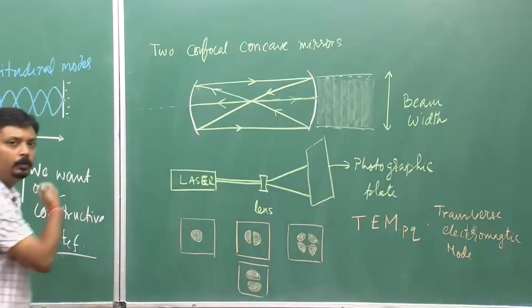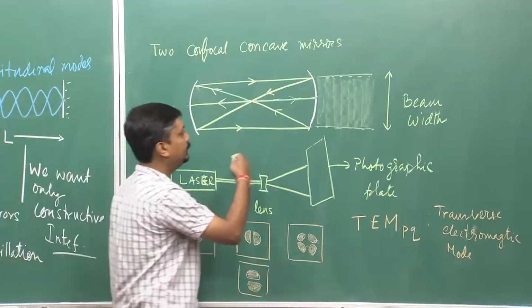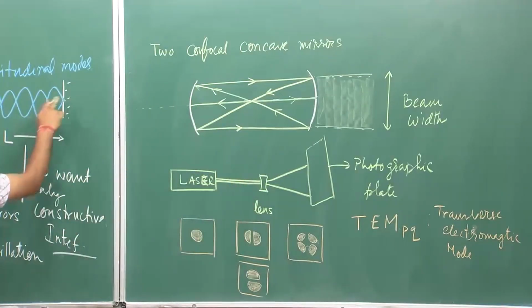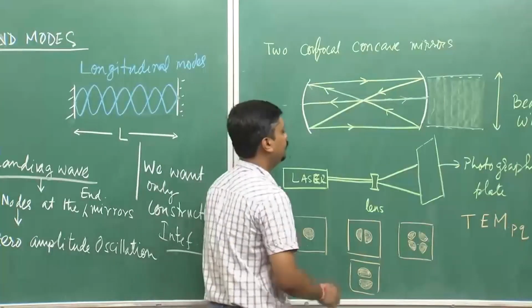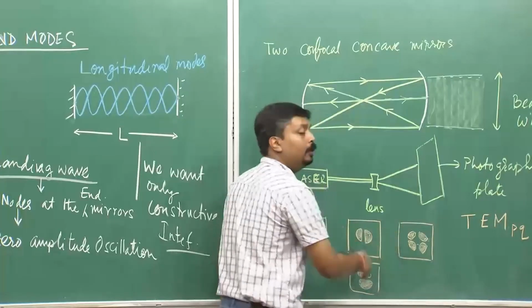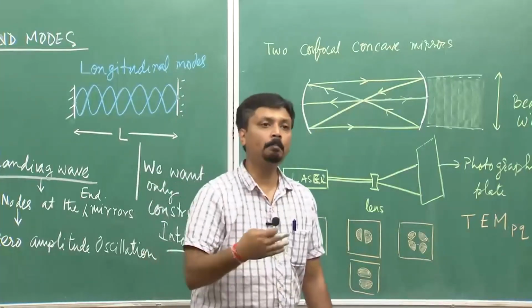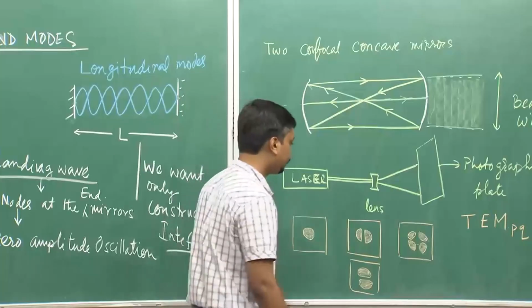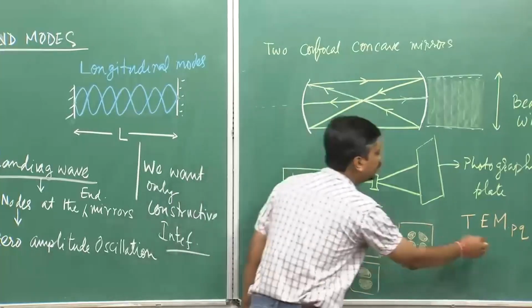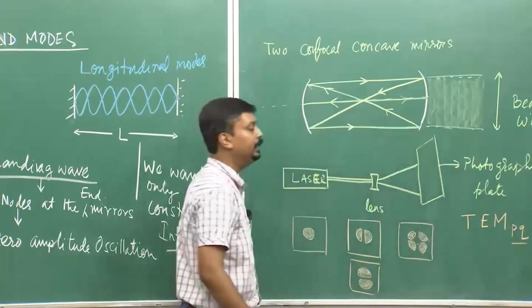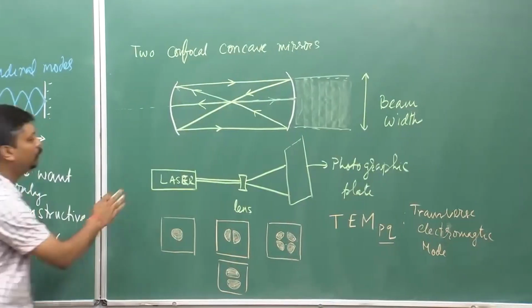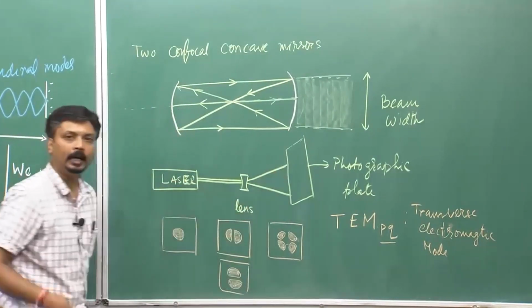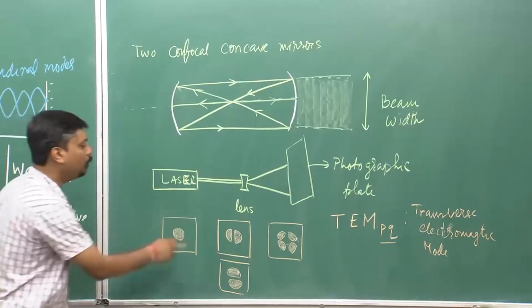Okay. That was longitudinal mode, this is transverse mode, and you can see the longitudinal mode was along this axial direction. Here this is actually in the perpendicular plane to the axial direction. So, how do we get this TEM PQ? I have showed the experimental design by which you can get it, and then how to read these things.